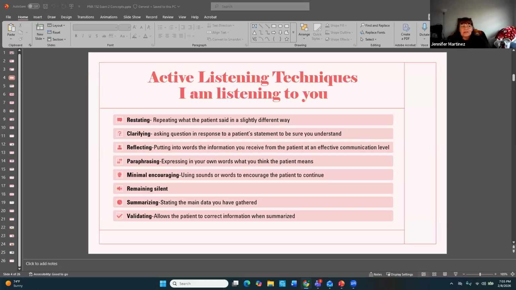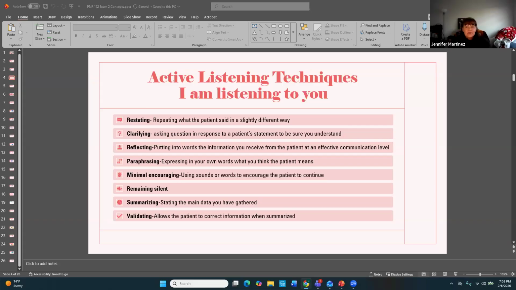Paraphrasing is expressing in your own words what you think the patient means. They say that they don't think that they're being told the truth. And so you can say, you believe that you've not received all the information about your health condition. Again, it's just like when you're writing a paper, and you're reading stuff in an article or a textbook, and you have to take that information and paraphrase it to put it into your paper.